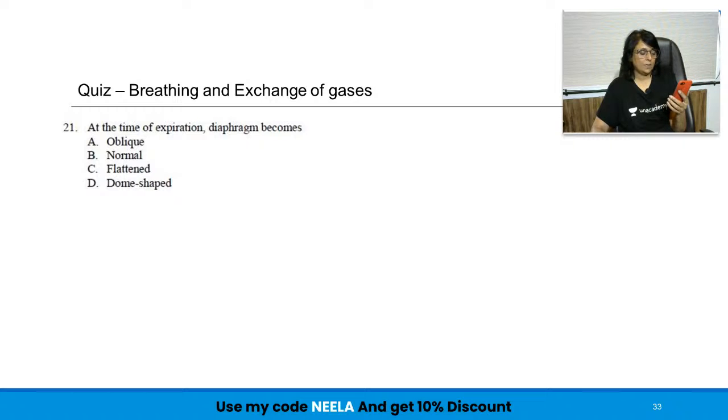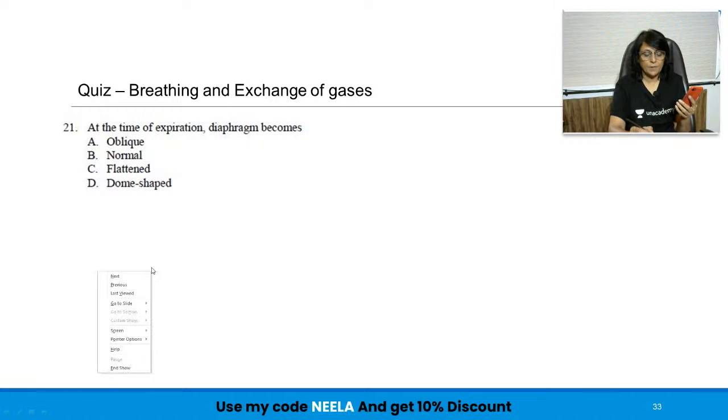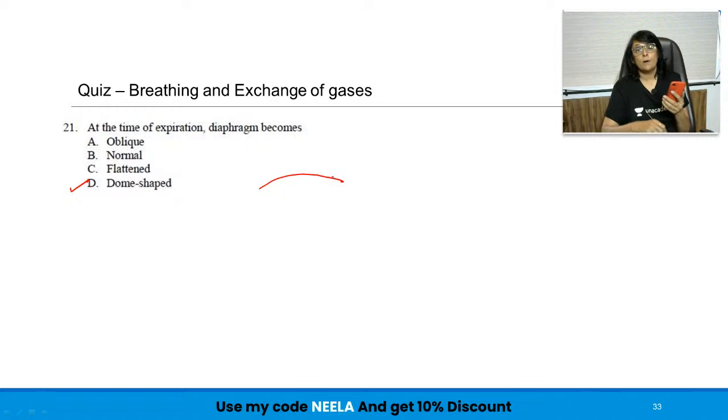D. Okay, so everybody got it right? Because this is the normal shape, the diaphragm remains like this. But when the phrenic muscles contract, it becomes straight. So when we are exhaling, the muscles are relaxed and the diaphragm will become dome shaped again.